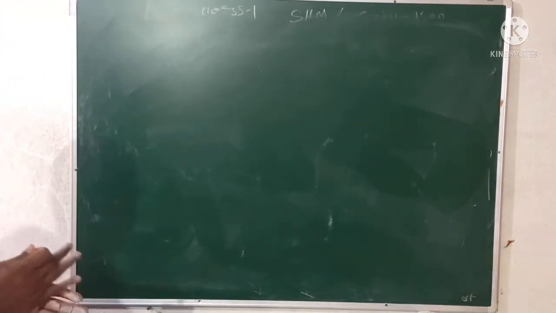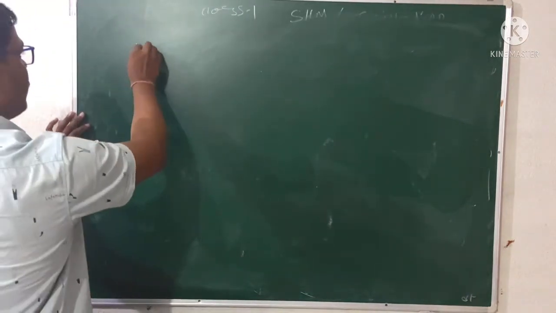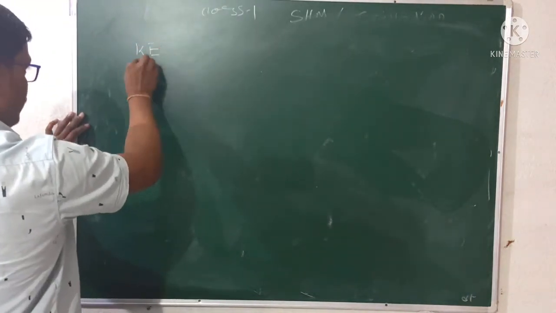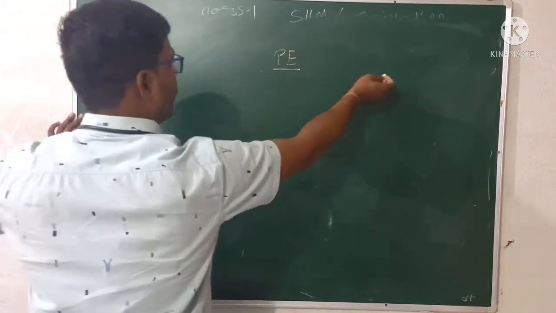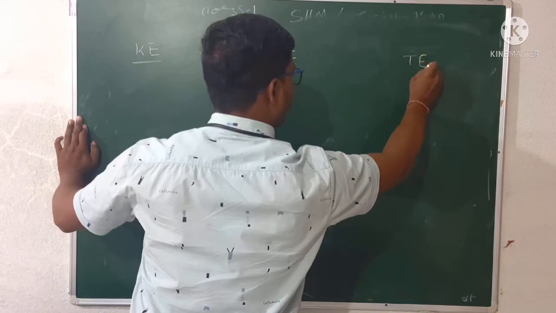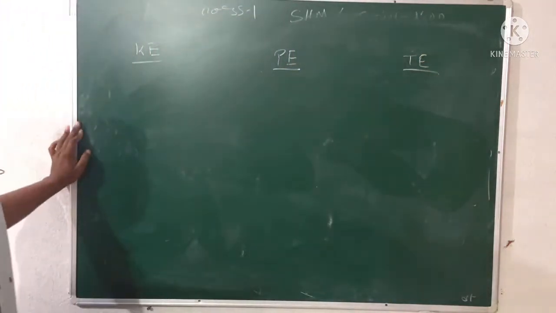So what is the kinetic energy? Remember, we have three energies: the kinetic energy, the potential energy, and the total energy. What is the kinetic energy for a simple harmonic motion?